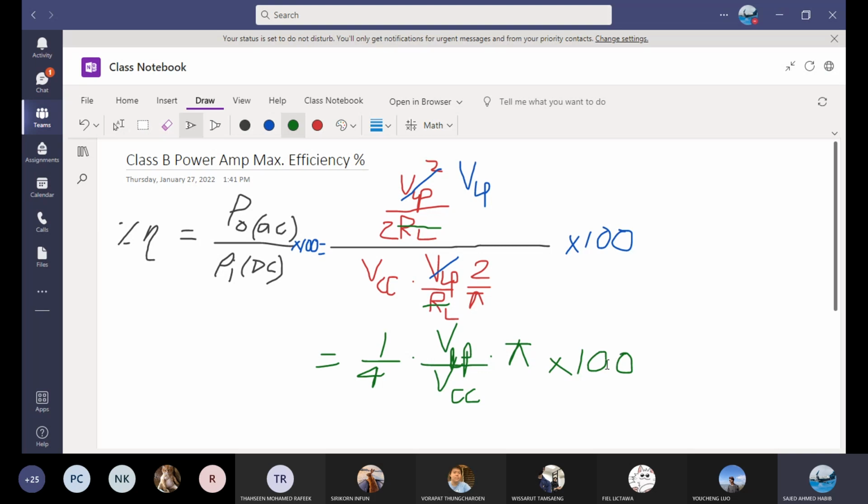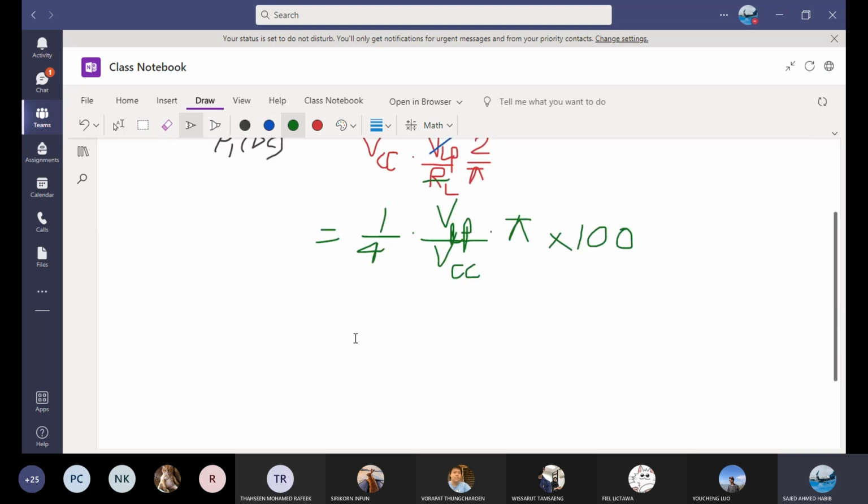This becomes 100 pi over 4 times VL peak divided by VCC. What is the numerical value?